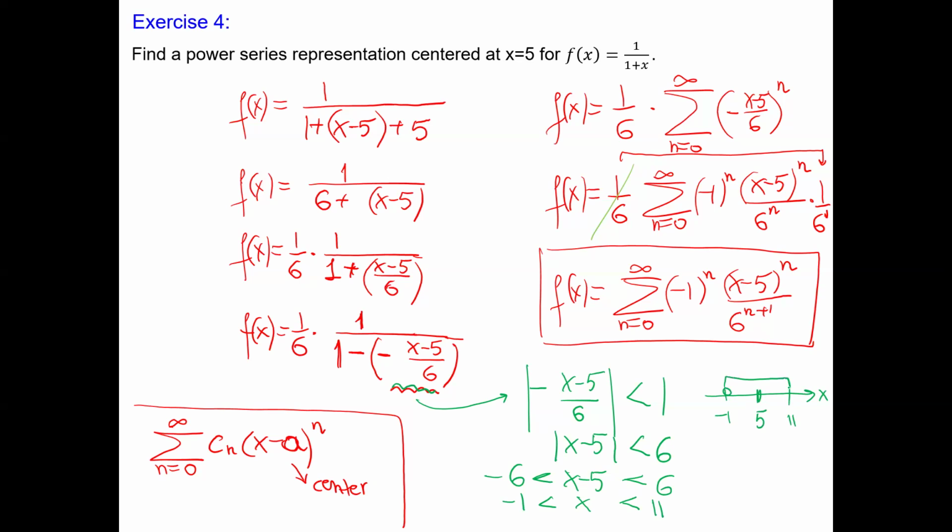And if I draw this, x, -1 and 11, I believe 5 is in the middle. We're not testing the endpoints because this is based on the endpoints not being part; we will get divergence. That means 6 units this way, 6 units this way. That means the radius is 6.